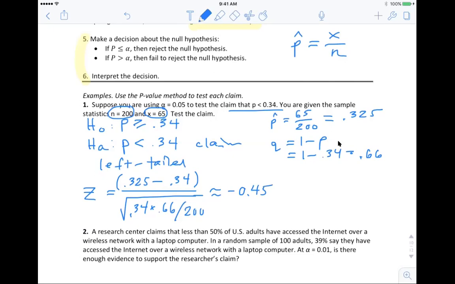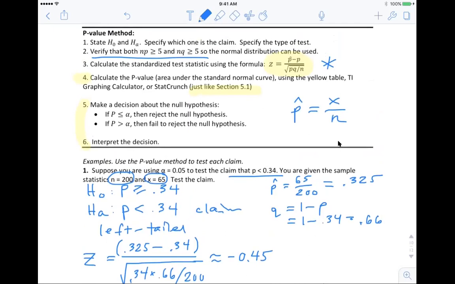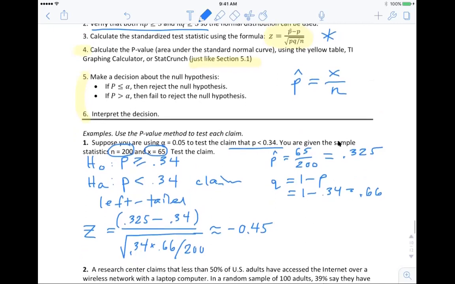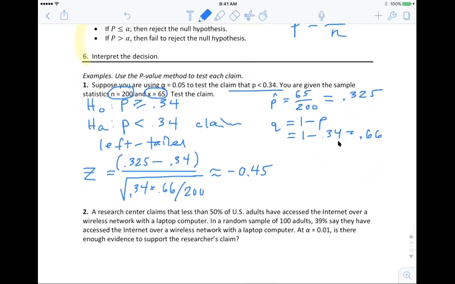Okay, what's our next step? If I look at my steps, we just did step 3. We're on to step 4. We need to find that p-value, and that's the area under the standard normal curve. And you can use your table for that. If you just have your table handy, that's probably the simplest way.